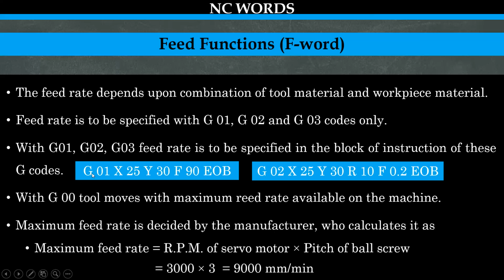That's why G01, G02 or 03, which are interpolation, that is G01 is linear interpolation, that is linear movement of the tool, and G03 and G02 are circular interpolation or circular movement of the tool, need the feed to be specified.